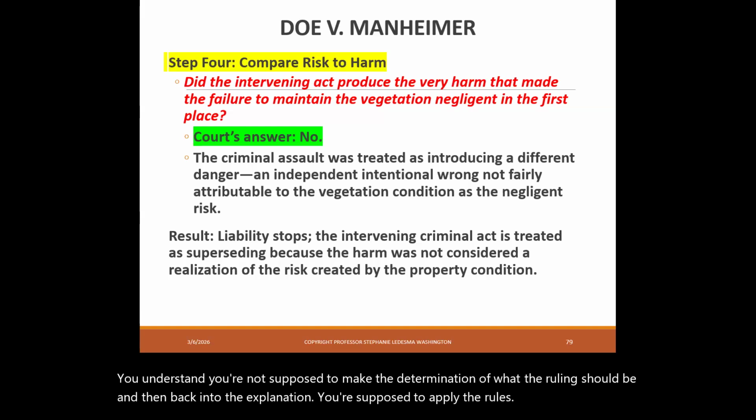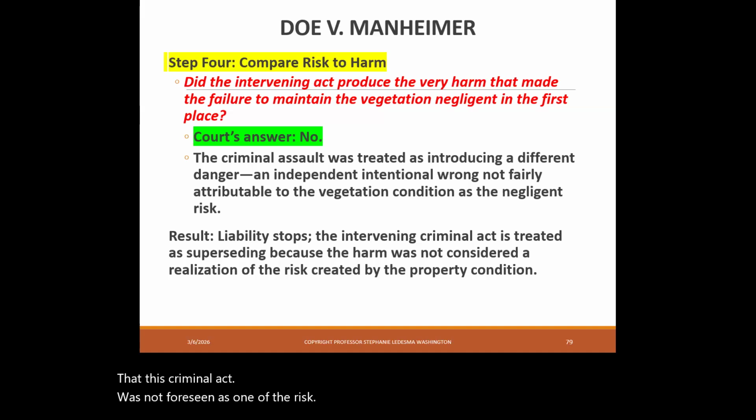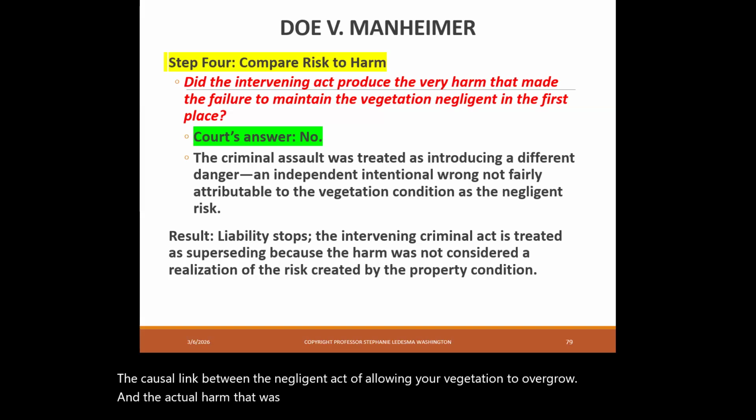And when the court, in its rather detailed explanation, explained that this criminal activity was not foreseen as one of the risks, and as such, the causal link between the negligent act of allowing your vegetation to overgrow and the actual harm that was suffered by Miss Doe was broken.